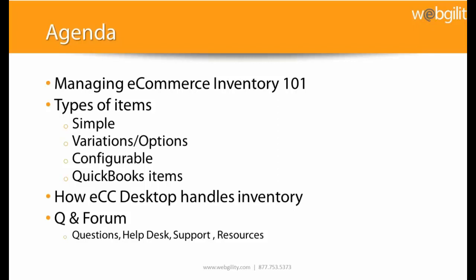So I really want to take the mystery out of these types of products and present this in a really easy way. And then I'll talk about how eCC Desktop handles inventory, and then of course I'll be taking questions all throughout the entire presentation, especially within our Q&A forum.